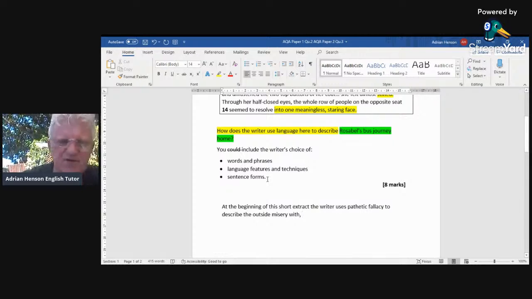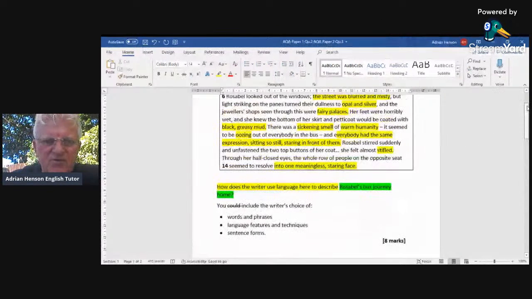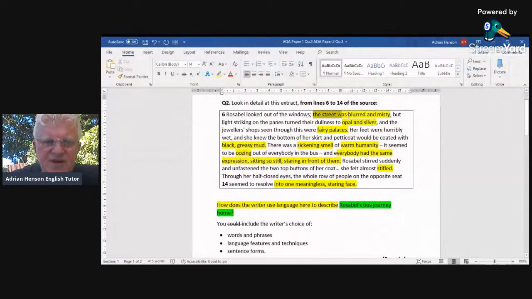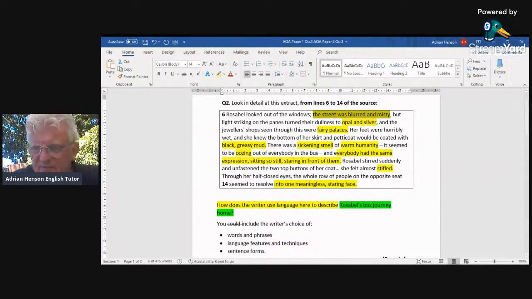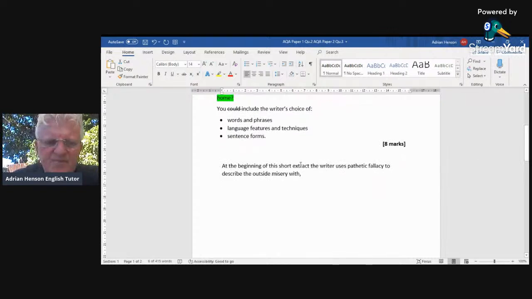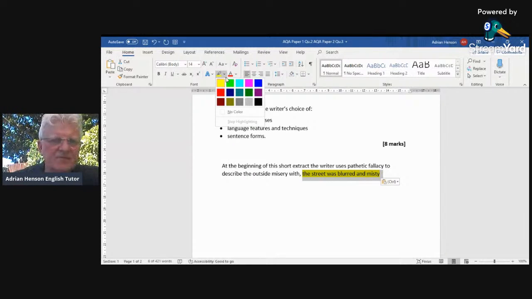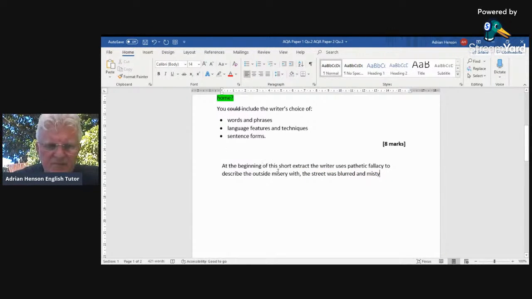I don't know why children often say the quote. You don't need to say the quote, you just give it, and you just take maybe that. So just quickly put that in there. Just put that in, a little bit of the street was blurry and misty.